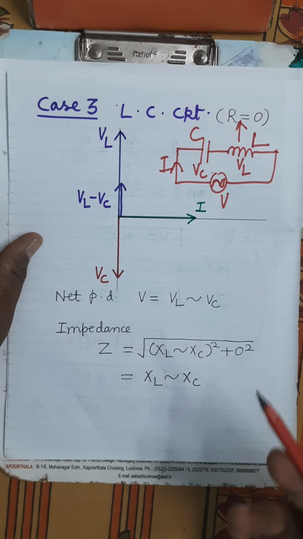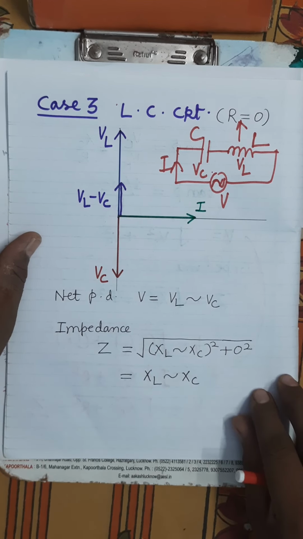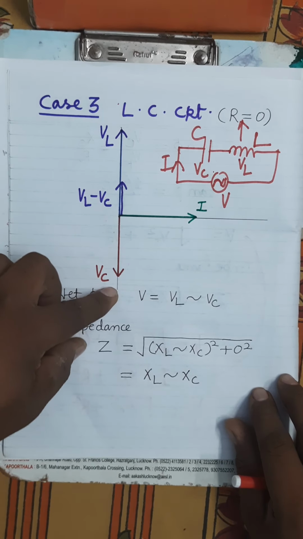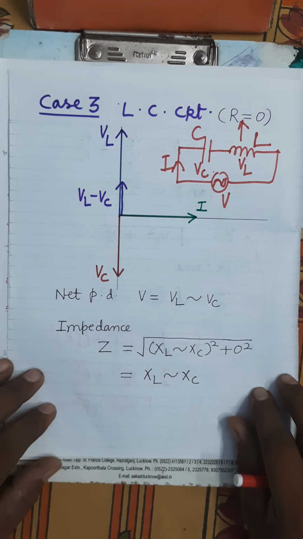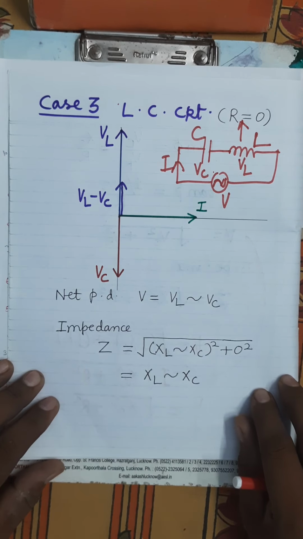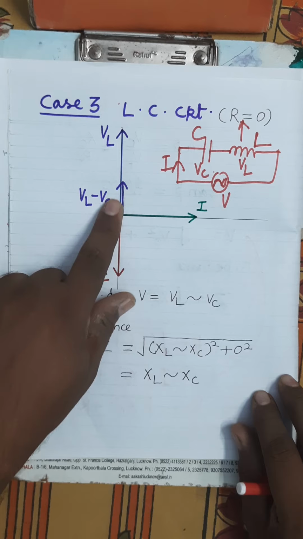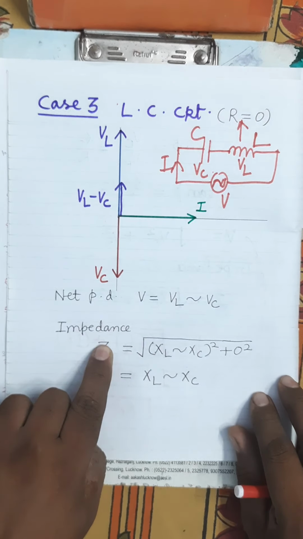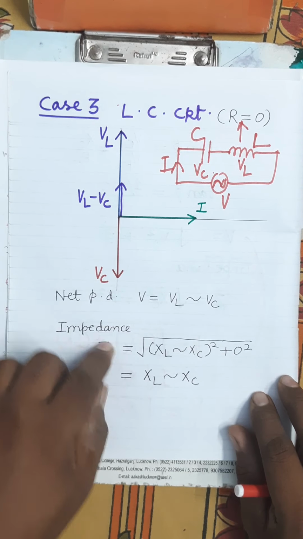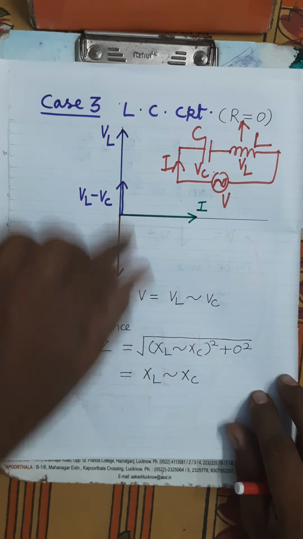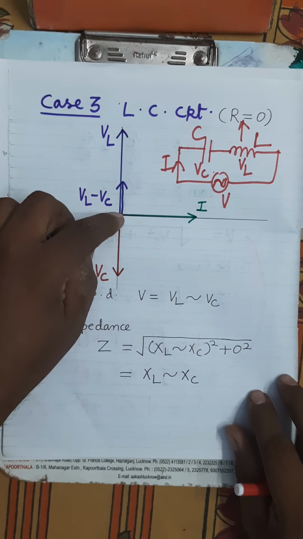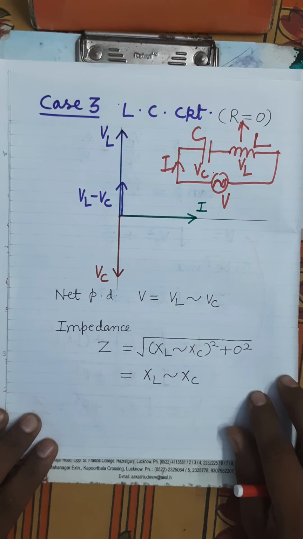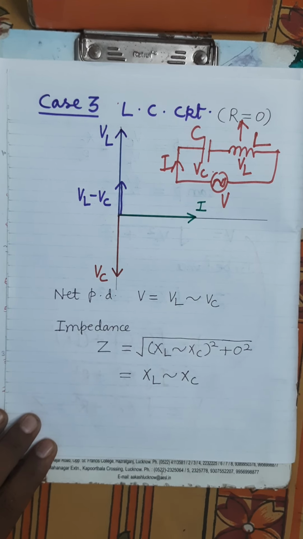It is clear. So here you can see VL is leading the current, VC is lagging behind, and we have assumed that VL is greater than VC. So the net potential difference will be VL minus VC in this direction. Suppose VC is larger, then its phasor will be longer, the arrow of VL will be smaller, and the net potential difference will be VC minus VL in this direction. So what will be the impedance?